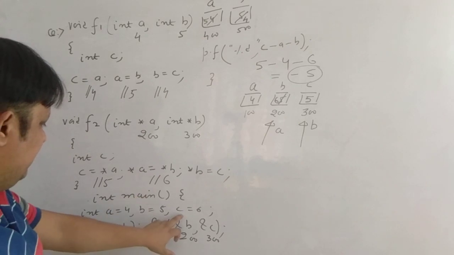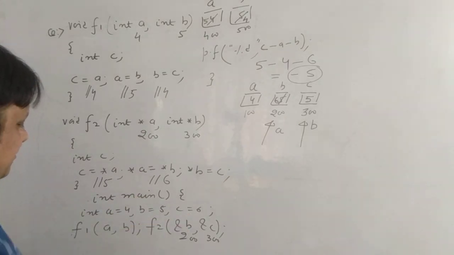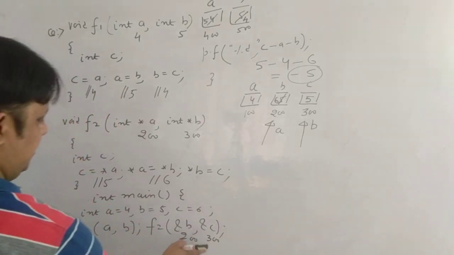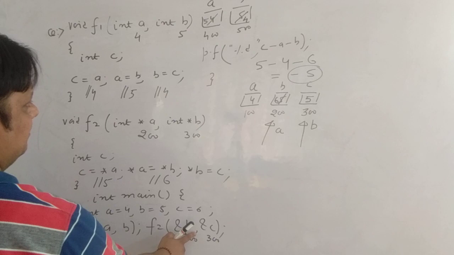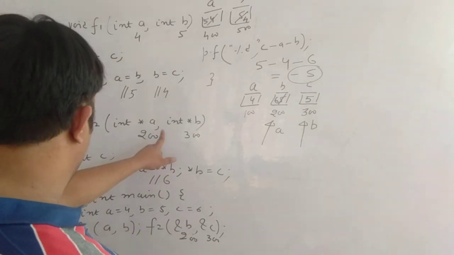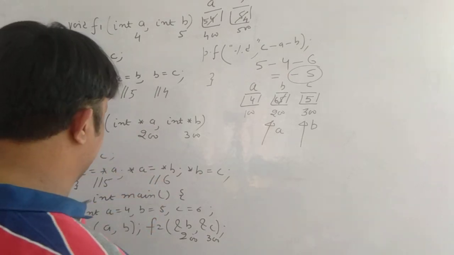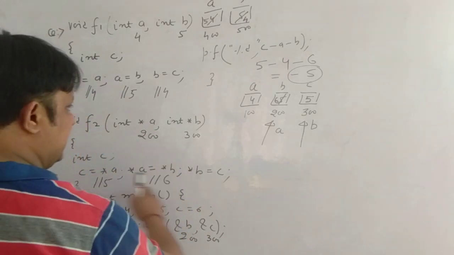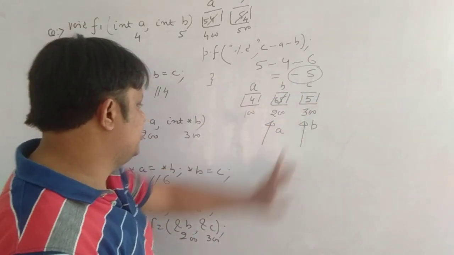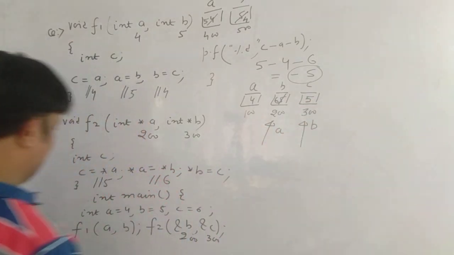In this, the value of C is your 6, because we have not passed by value, you have simply passed address of B comma address of C. So when you pass this address of C, your C value changes. Yes, your C gets changed to 5, right? So this C is not 6 now because you have changed C. The value of C has become 5. Why? This has become 5 because of this line.